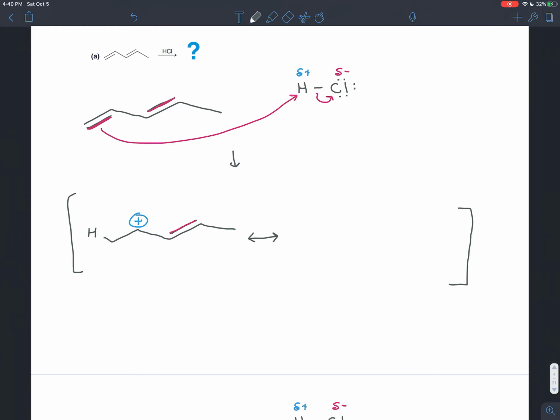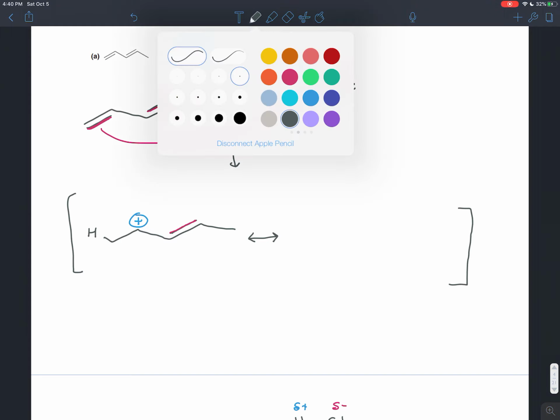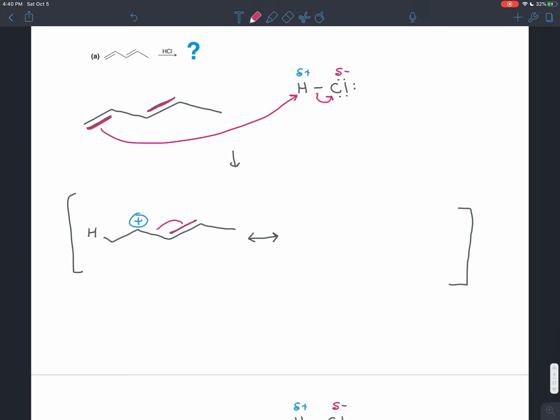And to draw the resonance structure, you would draw the structure you have, but the pi electrons go toward the positive charge, as we discussed in that review video. So we've got these like this.